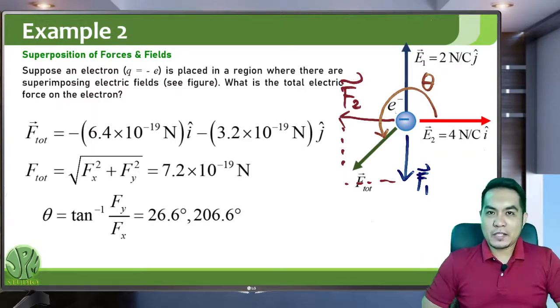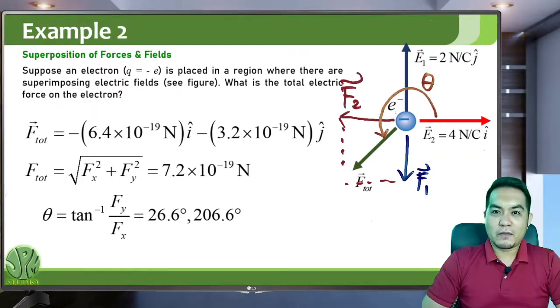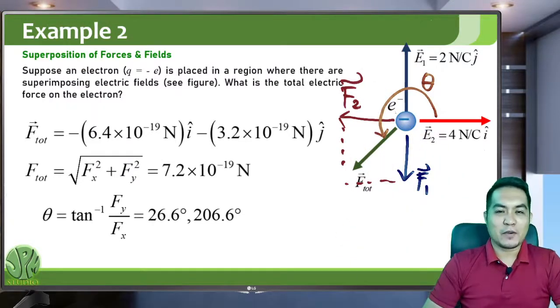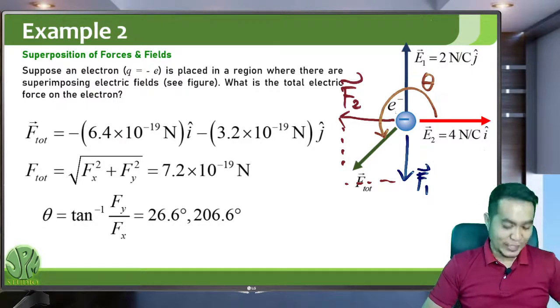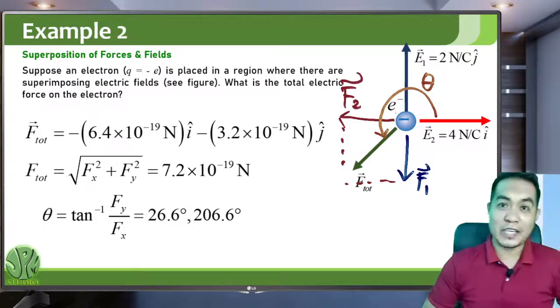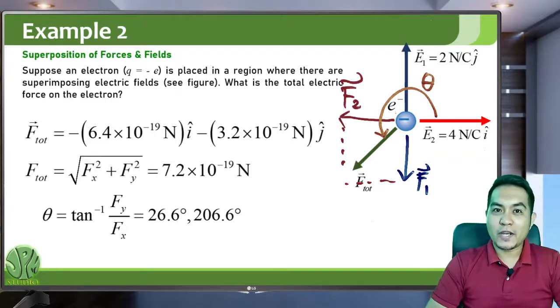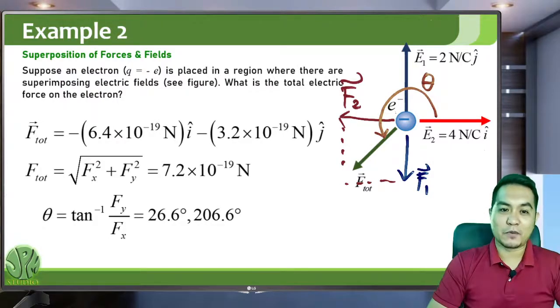Now, this is very tricky if you are working with vectors in quadrant 2 and quadrant 3. If you take the tangent inverse of their components, your calculator will not give you the correct answer. But always keep in mind that there are always two values of theta or angle that have the same tangent. So in this case, your calculator will only give you this angle, 26.6 degrees.